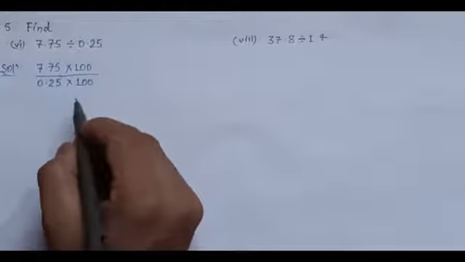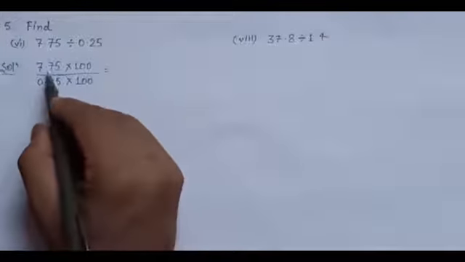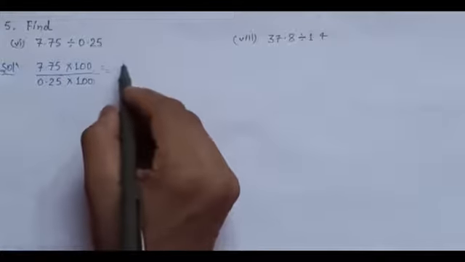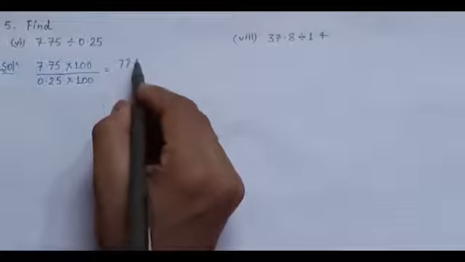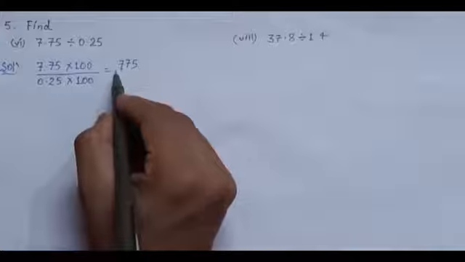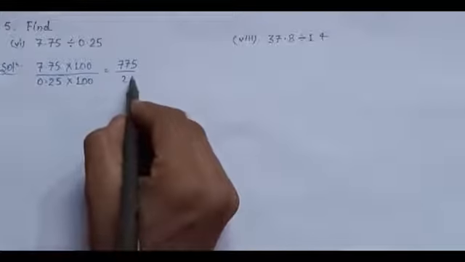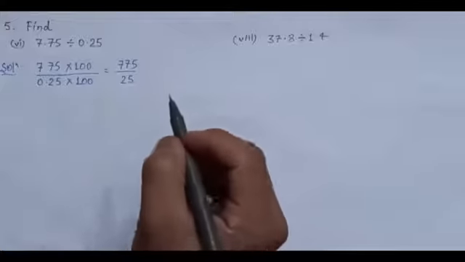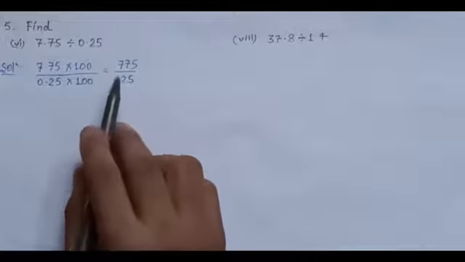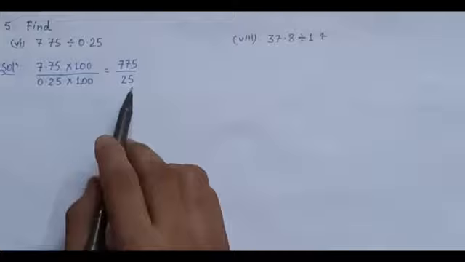So after multiplying, what do we get? 7.75 multiplied by 100 is 775, and 0.25 multiplied by 100 is 25. Now you can see we have to divide 775 by 25.